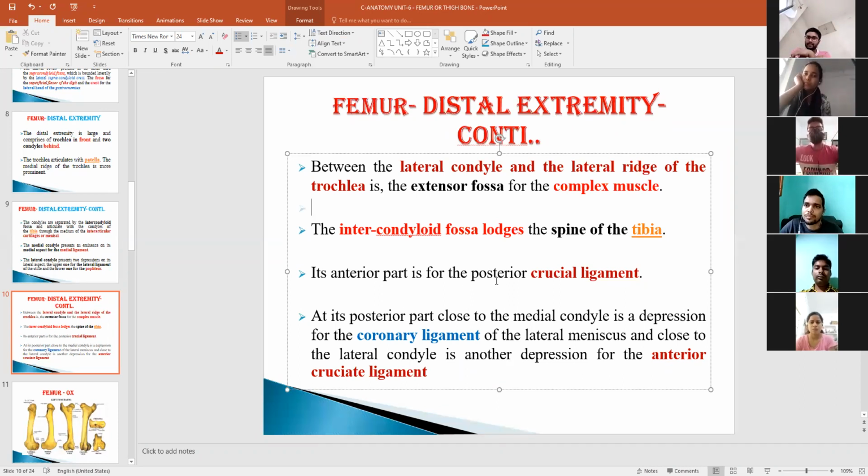The anterior part of the intercondylar fossa has a structure for the attachment of a ligament known as the cruciate ligament. At the posterior part, close to the medial condyle, is a depression for the coronary ligament and the lateral menisci, and close to the lateral condyle, another is for the anterior cruciate ligament.